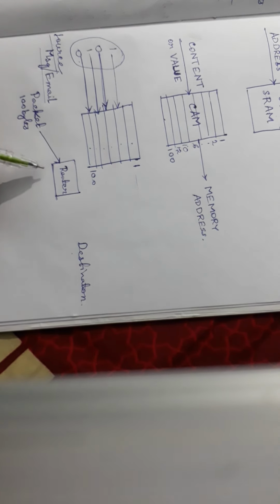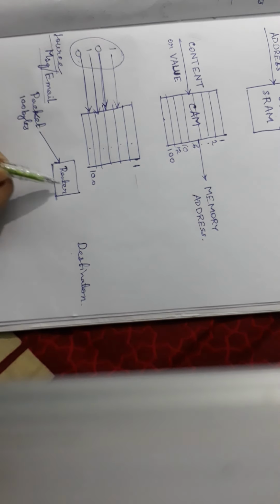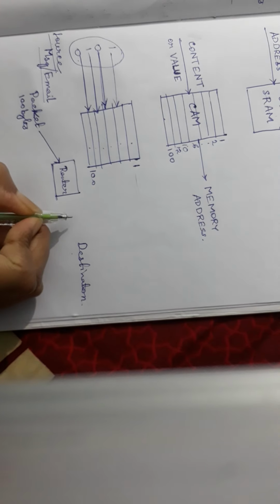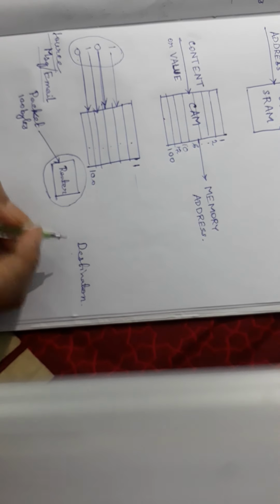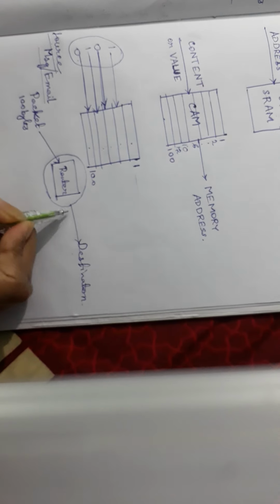Then the router will collect the packets and send them to the exact port or exact destination. So we can say that this router serves as the intermediary between the source and the destination.